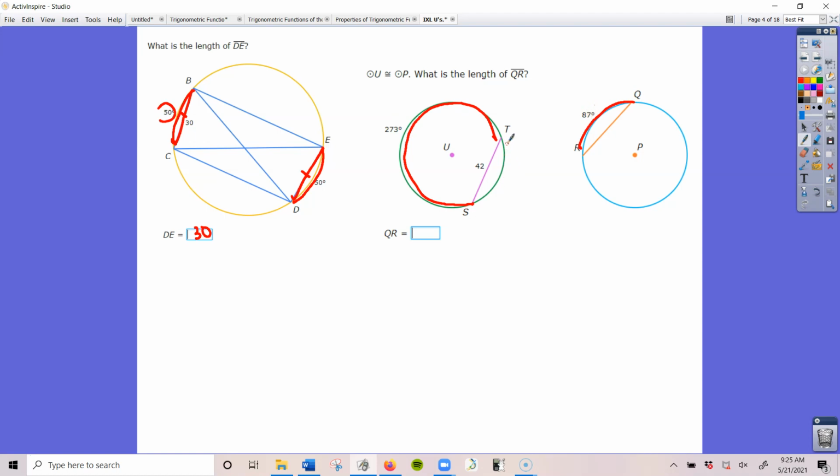If I try to find the measure of this arc, that would be 360 minus 273, which is equal to 87, which is the measure of this arc. So that means that these two chords here are the same. So if this one's 42, that means QR is also 42.